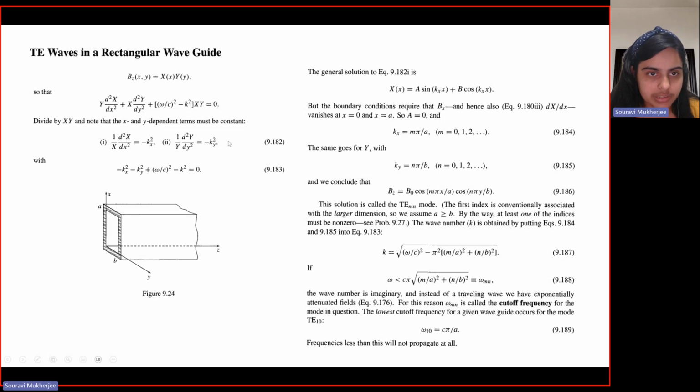Similarly, y will have some form like this, with the given condition that if kx and ky are the components of the wave vector, then this is the relation that it should satisfy, right? This k is the component of your wave vector in the direction of propagation of your wave, that is kz basically.